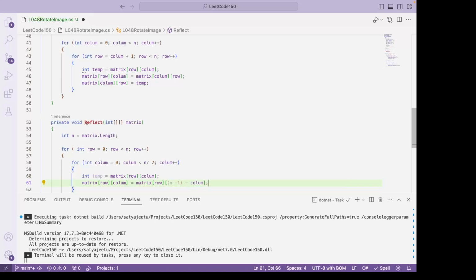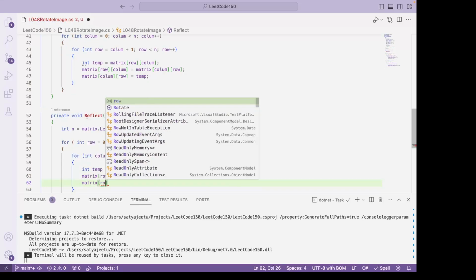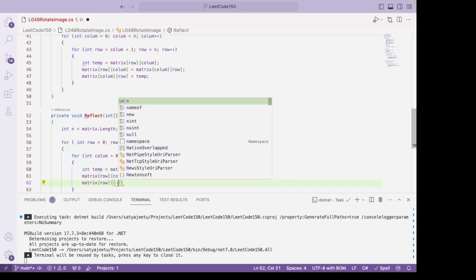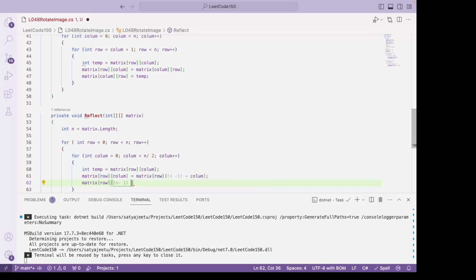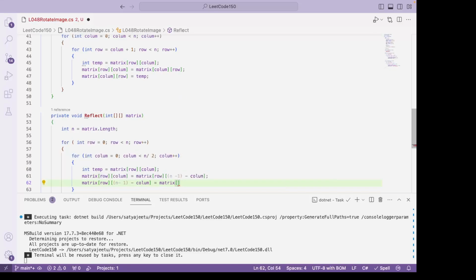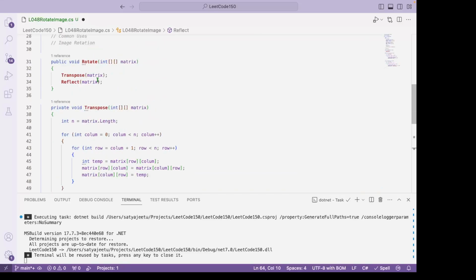So we are swapping the current element with the corresponding element from the end of the row. Then matrix[row][n minus 1 minus column] is equal to temp. So now we are transposing the matrix and reflecting the matrix.